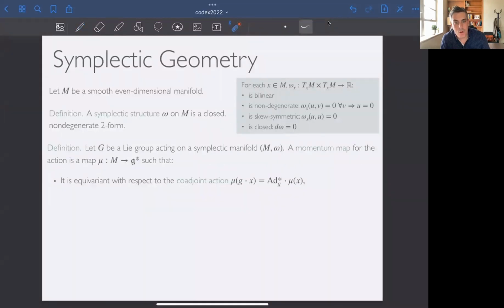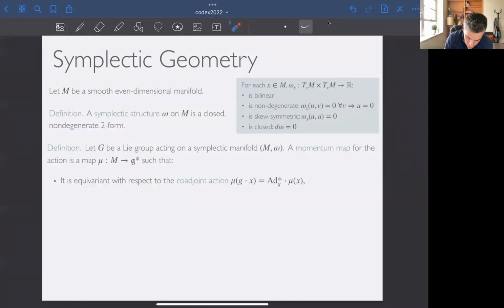All right, so an important aspect of symplectic geometry that kind of makes it interesting, this frame theory perspective, is its interaction with Lie group actions. Okay, so if I have a Lie group acting on a symplectic manifold smoothly, sometimes such an action will have something called a momentum map. Okay, so this is a function from the manifold to the dual of the Lie algebra of G, satisfying two conditions.